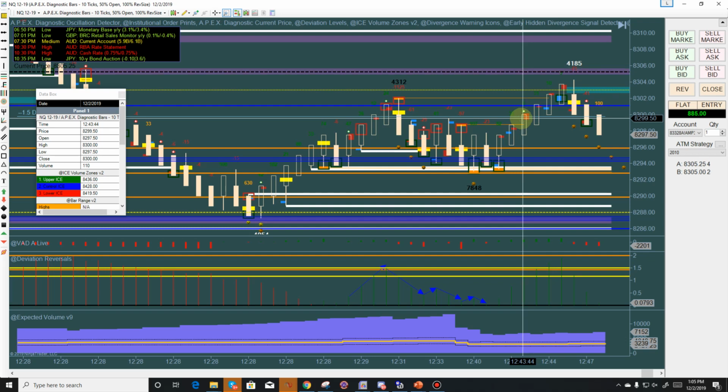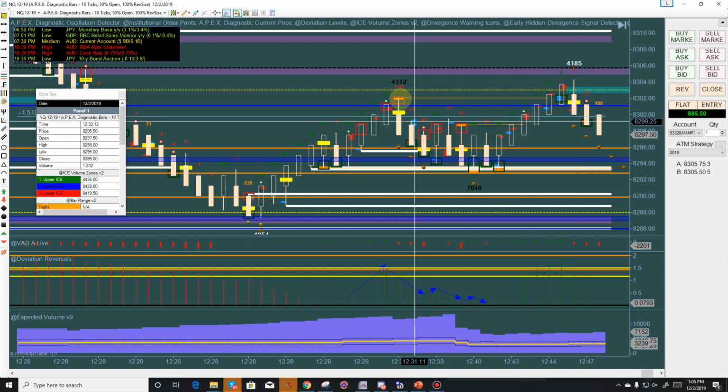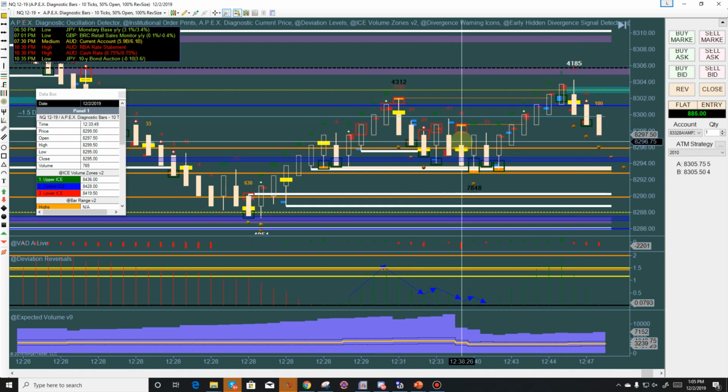So the clusters in the area are telling you to expect some chop right here. But I do see that there is room between where it's going up and going down to take profit. Some people say, okay, there's this chop that you do nothing on. But is there room inside the chop to grab close to 10 ticks?